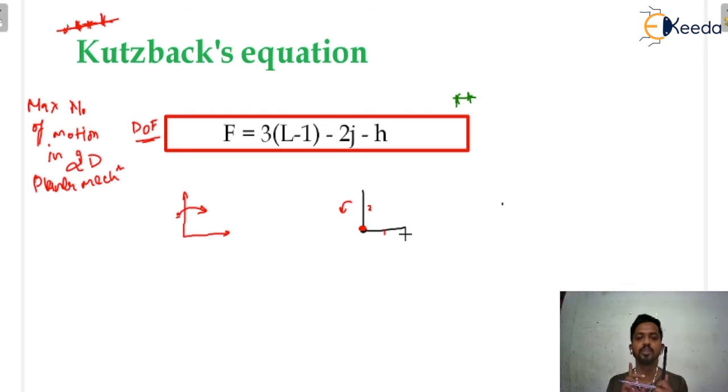How many types of motion are possible? It cannot be translated because it is fixed here at the joint. It can only be rotated, because this is a turning pair, and in a turning pair the motion is pure turning. So it can be rotation only. There can only be one motion, that is rotation in the xy plane.